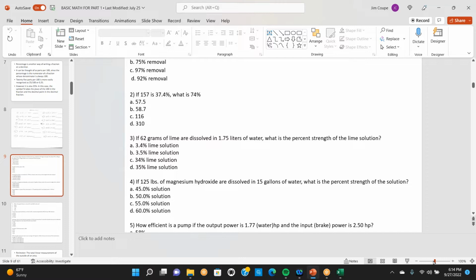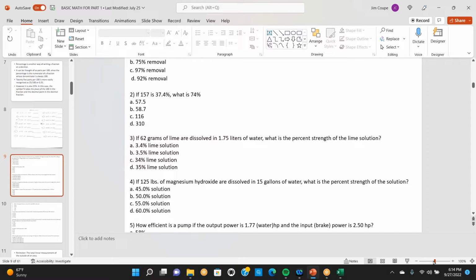If 157 gallons per minute is 37.4% of the pump speed, what is 74% of the pump speed? That puts it in a little bit different light. They're not adding words there, but you can do it that way. And then I'll show you how to do it mathematically.